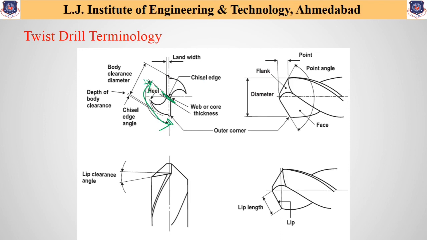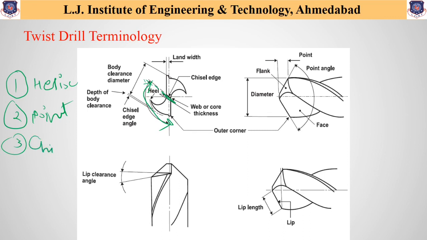The first one is the helix angle, the second one is the point angle, and the third one is the chisel edge angle.